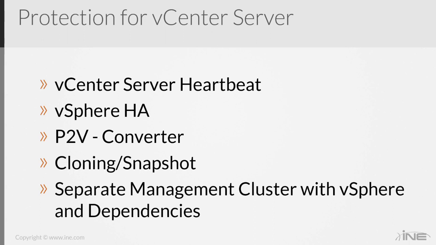VMware's recommendation for this is to use the vSphere High Availability service. We will cover this in the advanced course though. And we'll just go through these couple protection methods that I have listed out here before finishing off with this module.